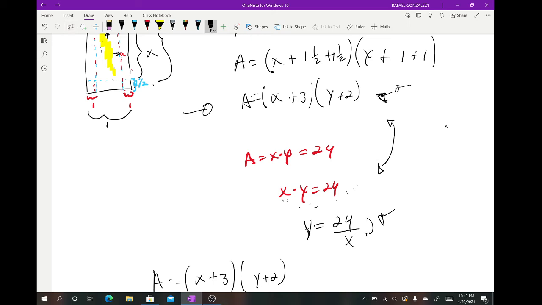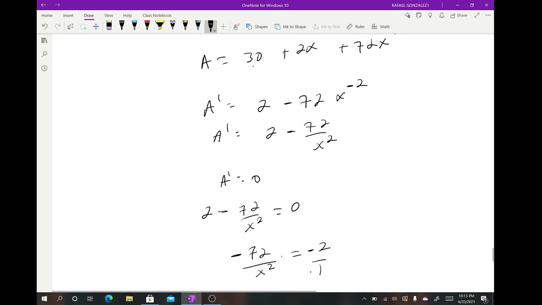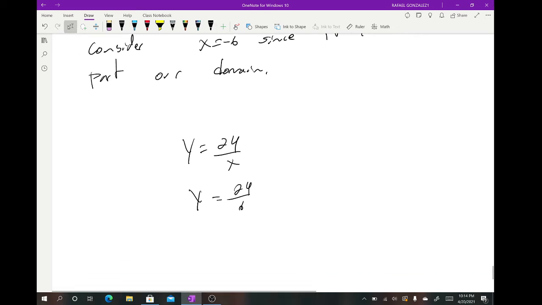Notice that here you have an equation in one variable. Instead of plugging into this that has a y in there, let's actually plug in here for x, and we get the value for y. So that's y equals 24 over x. If you plug in 6 for this, we have 24 over 6, which is 4.